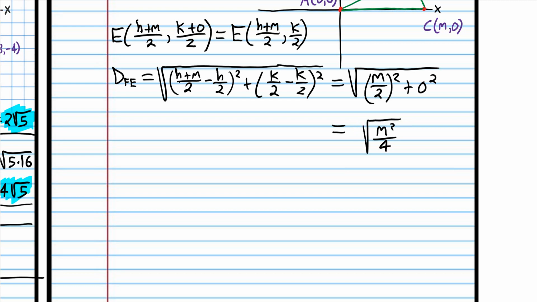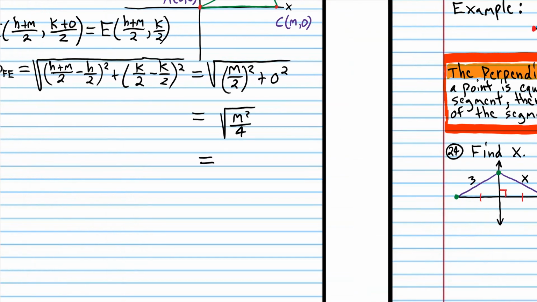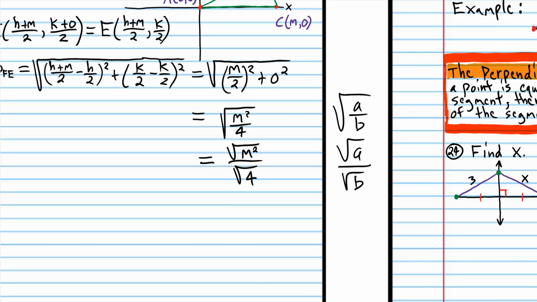Now we learned in my beginning algebra course that the square root of a over b is equal to the square root of a over the square root of b. So we have the square root of m squared over the square root of 4.